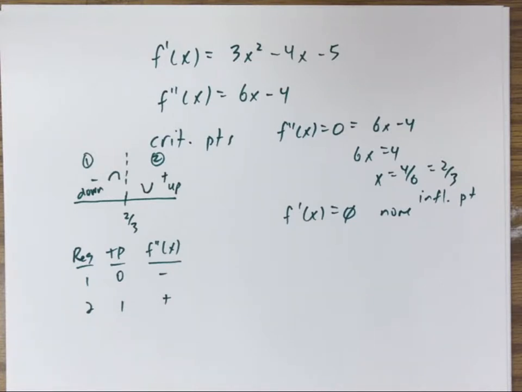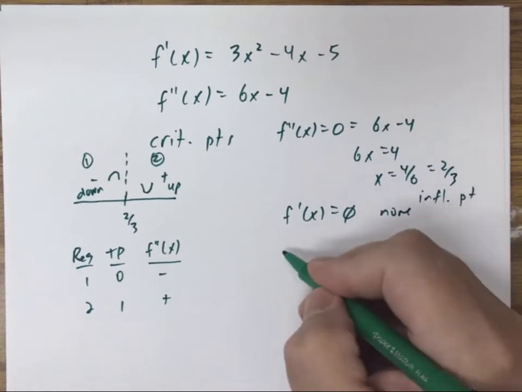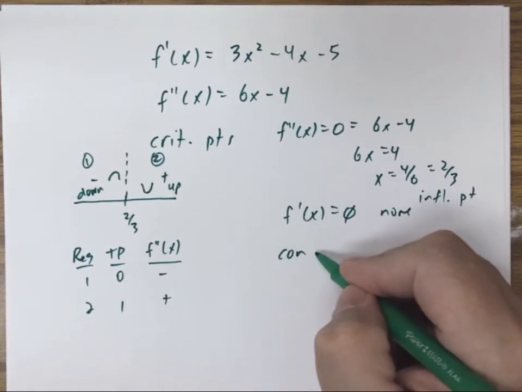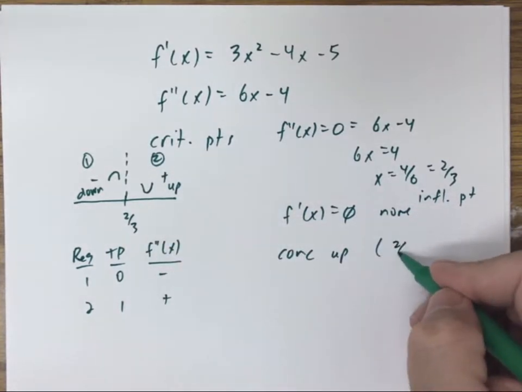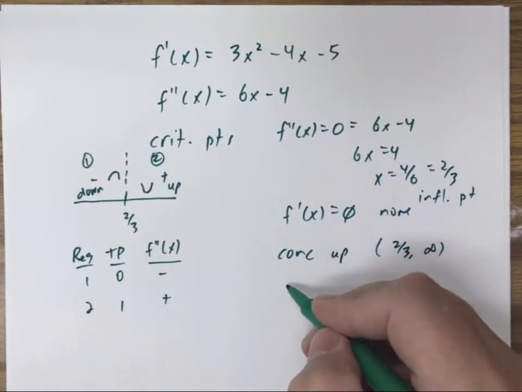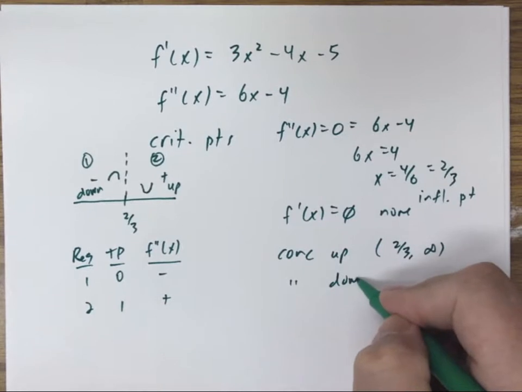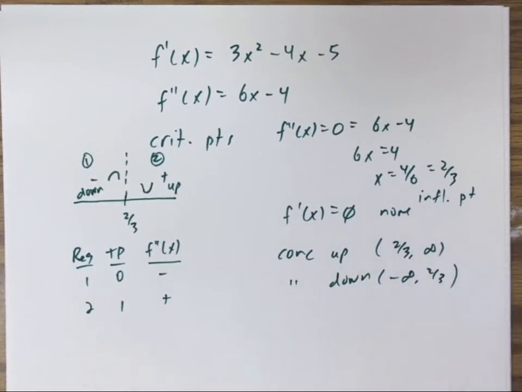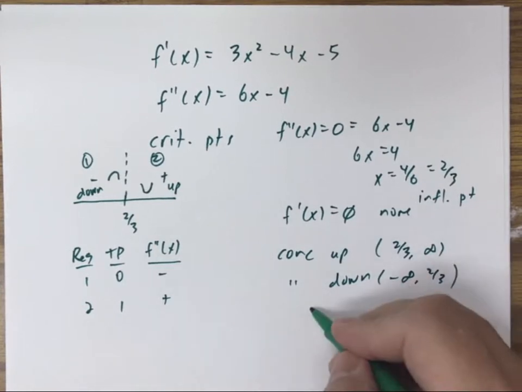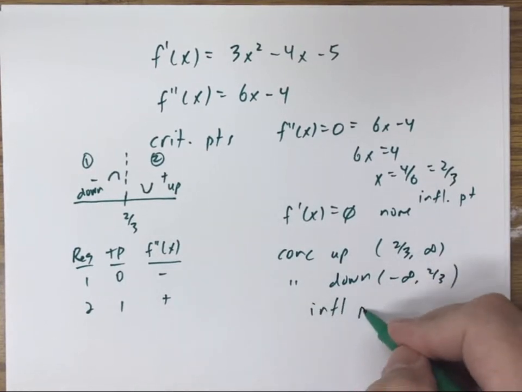So now, if I look at the intervals, concave up from 2/3 to positive infinity, concave down from negative infinity to 2/3, and then there is an inflection point.